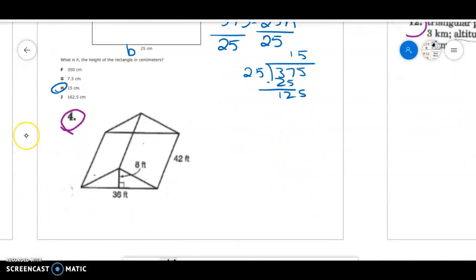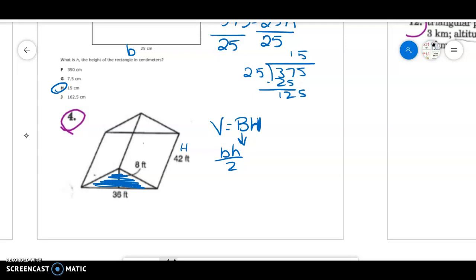On the second day, I didn't give you any multiple choice answers, and you needed to find volume. So remember, volume now is big B times H, and we have a triangle here. So that's going to be base times height divided by 2. This 42 is our big H because it is not on our base shape.